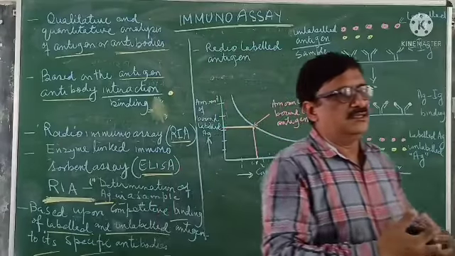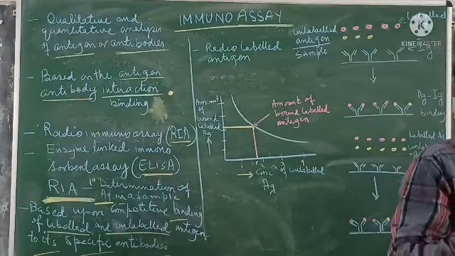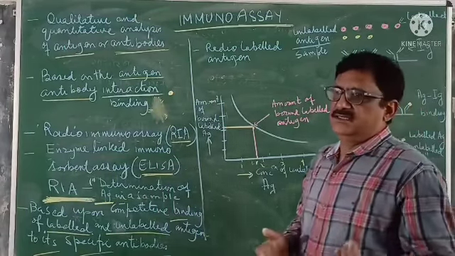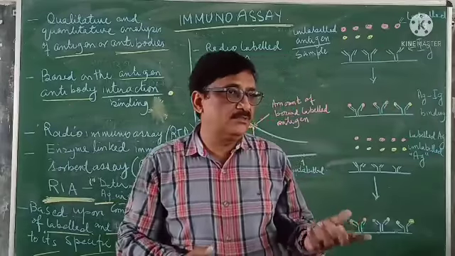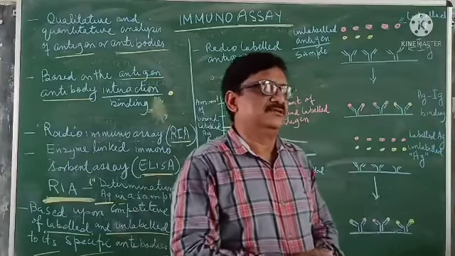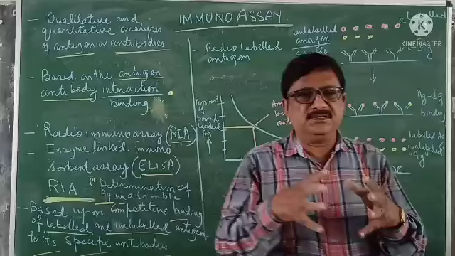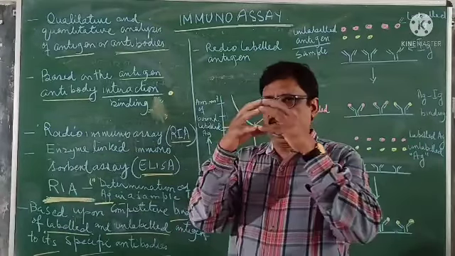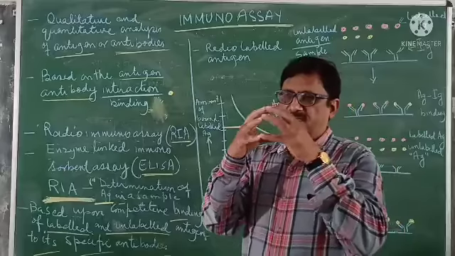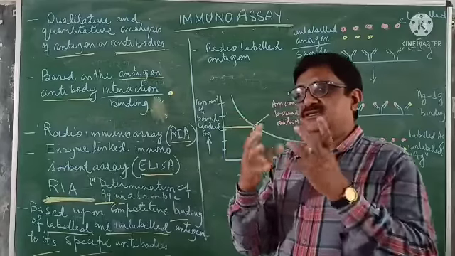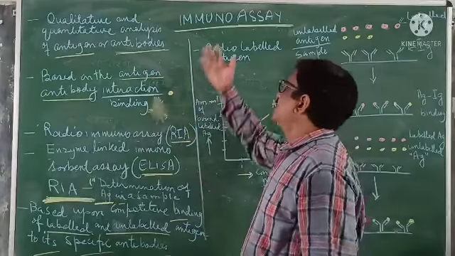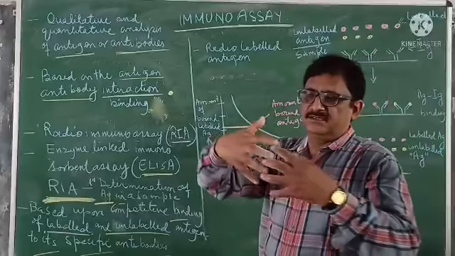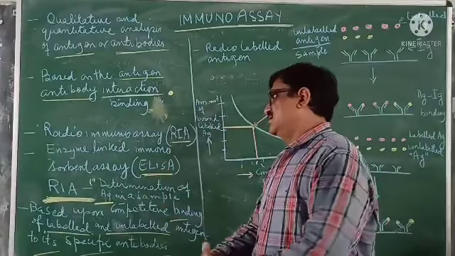They bind to each other at their specific points, like the paratope on the antibody and the epitope on the antigen. So this is the point used for their binding, which leads to the formation of the antigen-antibody complex. So this assay is based upon their interaction or binding to each other.